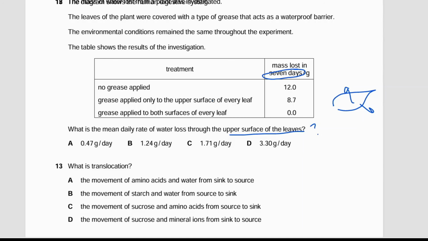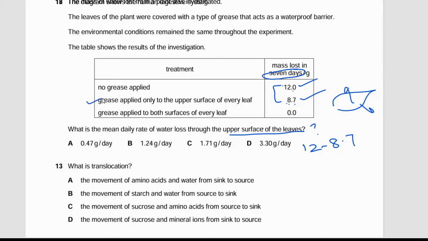Okay, let's see. So we have 12 on this day and 8.3 on this day. Okay, I got it. When no grease is applied, the water evaporated is 12.0, and when the grease is applied, the evaporation is 8.7. So the total evaporation from the upper surface is the difference between these two.